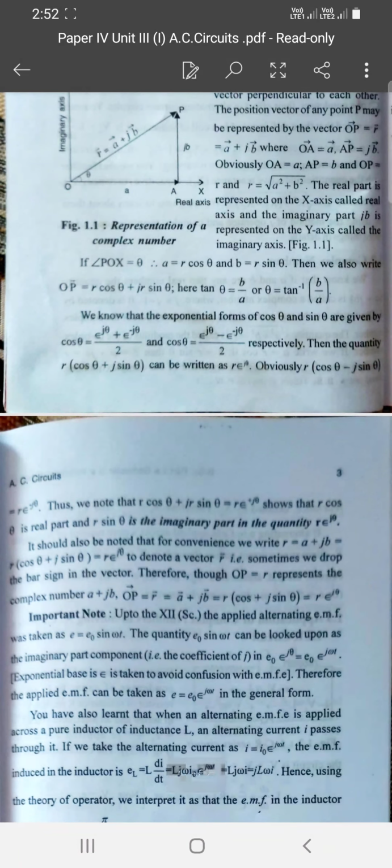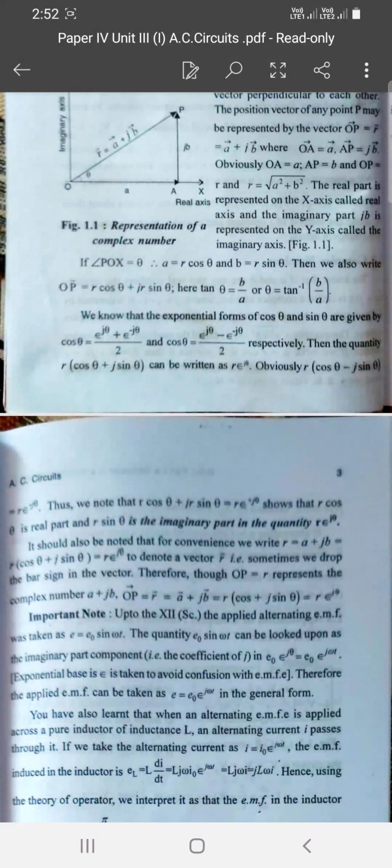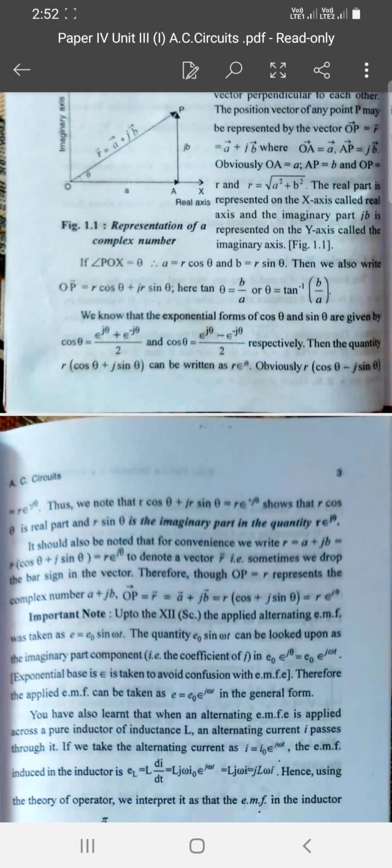Moving further with reference to this diagram, the angle POX equal to theta is represented in the diagram, A equal to R cos theta and B equal to R sin theta. Hence, the OP bar vector is R cos theta plus jR sin theta. If we calculate tan theta, it is equal to B upon A by referring to the diagram.